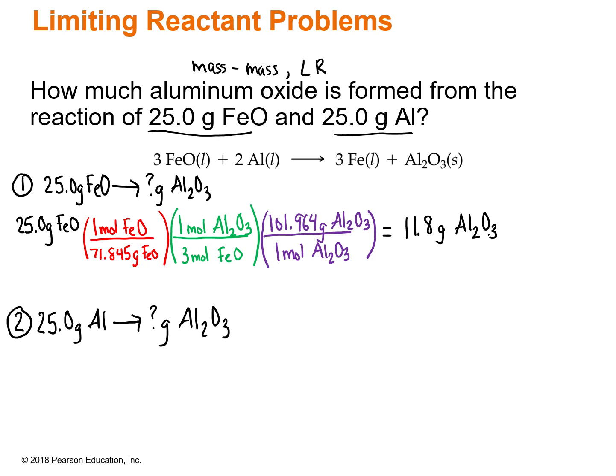So for the first part, you should get 11.8 grams of aluminum oxide. I'll give you another minute or so, and I'll put in the equation for the second part. I'll start writing up the second part.